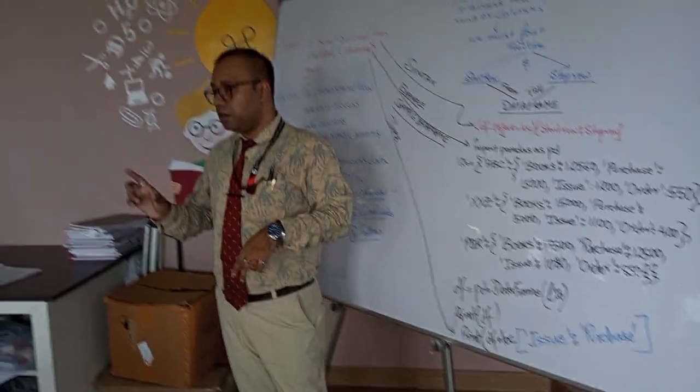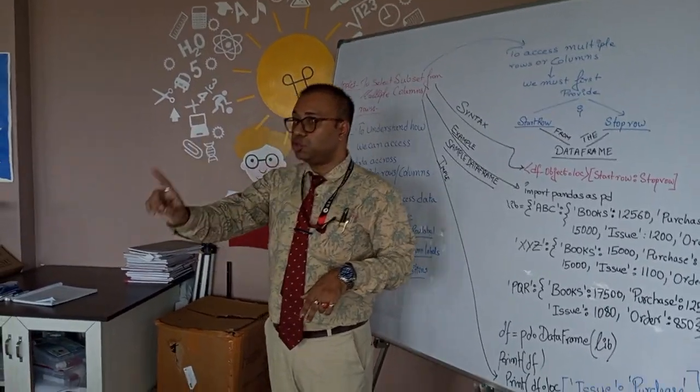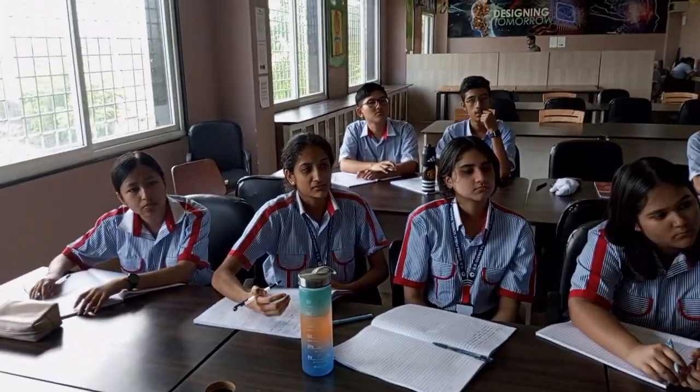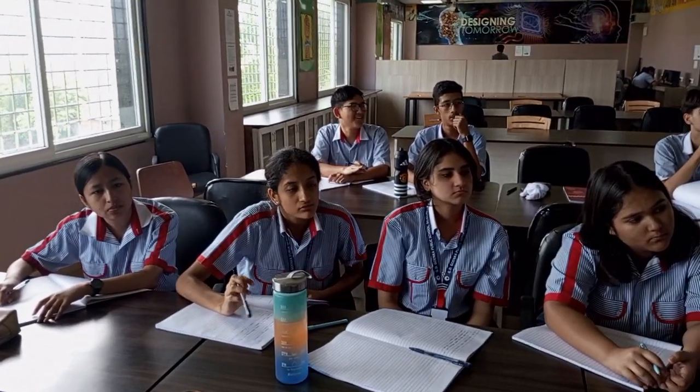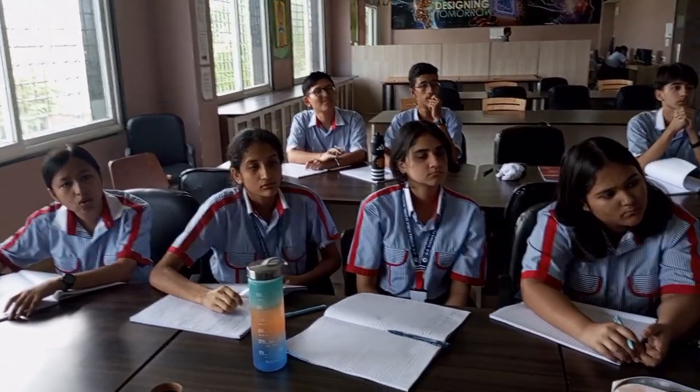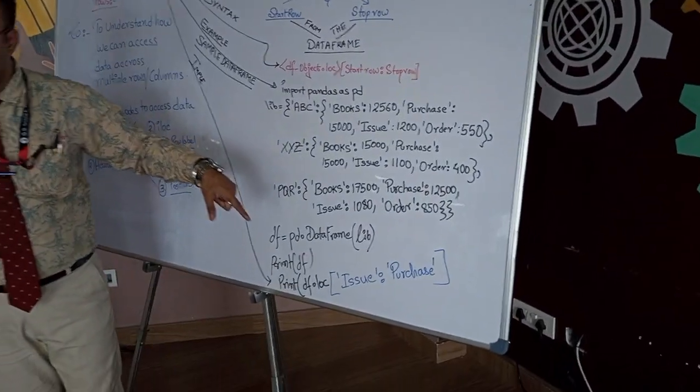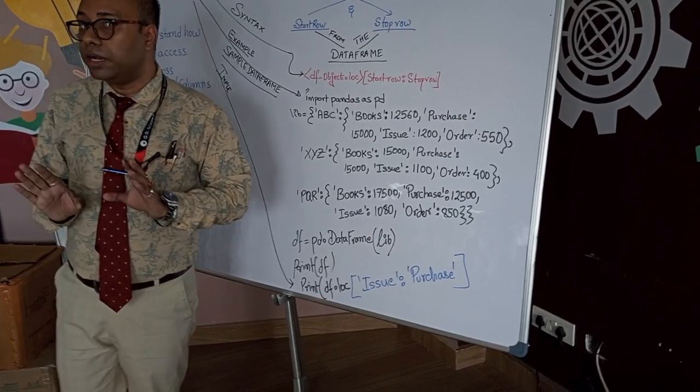What will it generate? Any idea? What are issue and purchase? Jagmak, tell me what are issue and purchase? Sir, purchase means buying. No, I am not talking about the meaning here. What are issue and purchase here? Are they the keys, or are these keys acting as row labels? Row labels, okay?